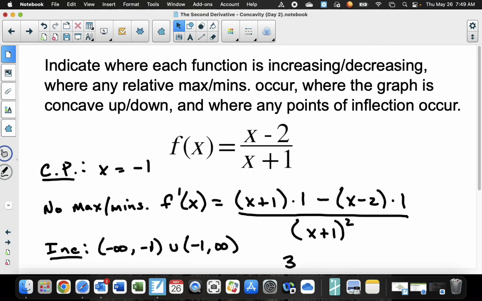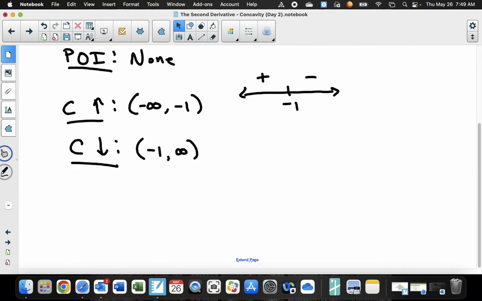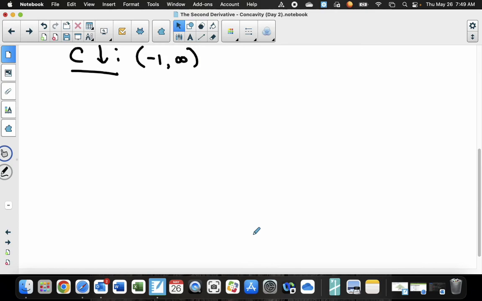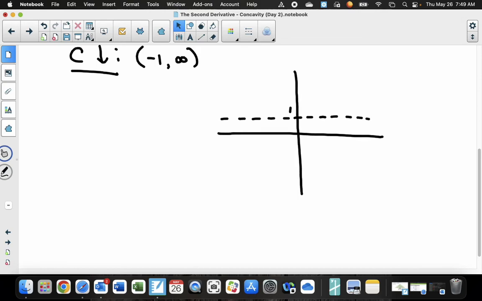So we have a horizontal asymptote at 1, and here's what the graph would actually look like. Let me sketch it here for you. Horizontal asymptote at 1. We said we have a vertical asymptote at negative 1. Okay, we talked about that.